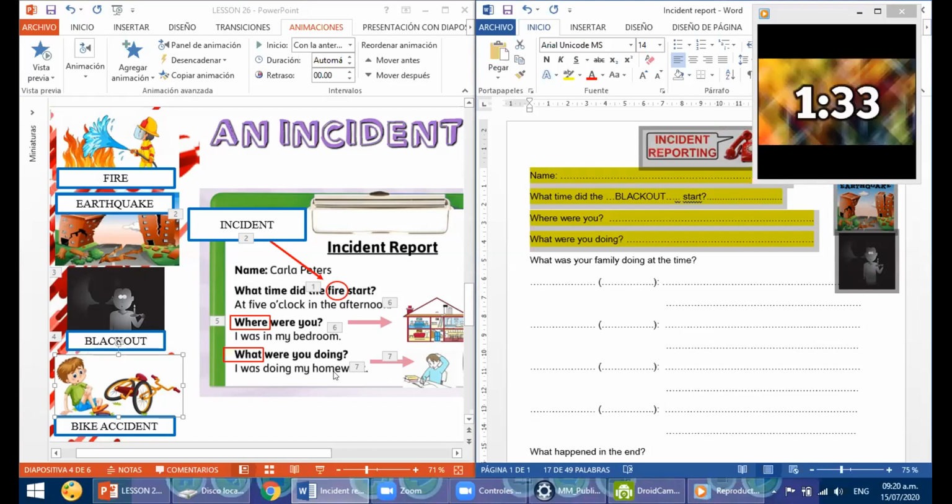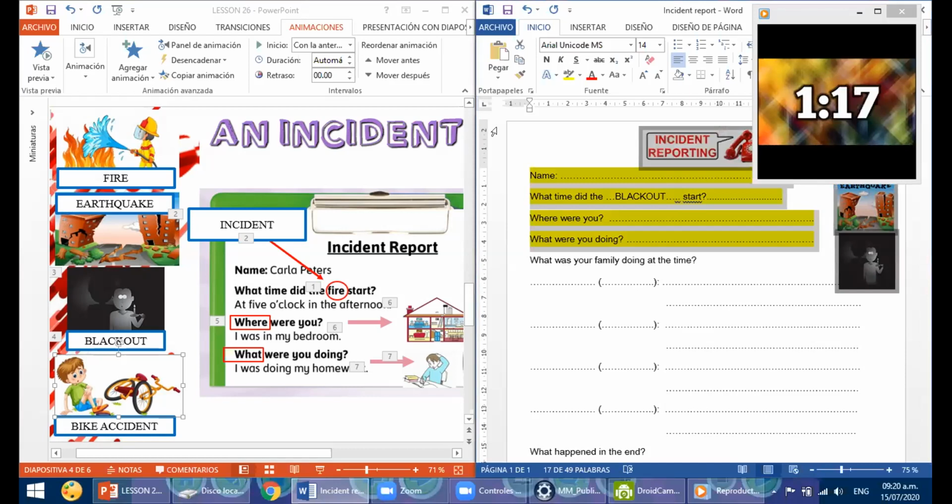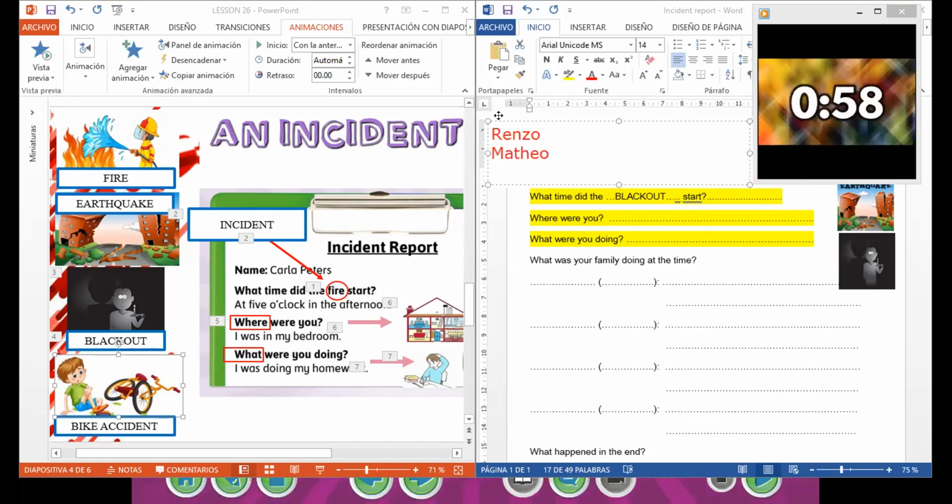Also, this is the example in the book. Teacher, I finished. Good, good, my friend. 1 minute, then you read, okay? Let's see. Okay.